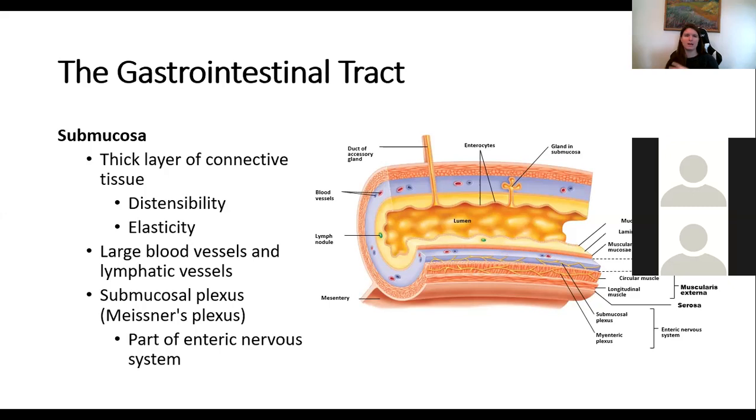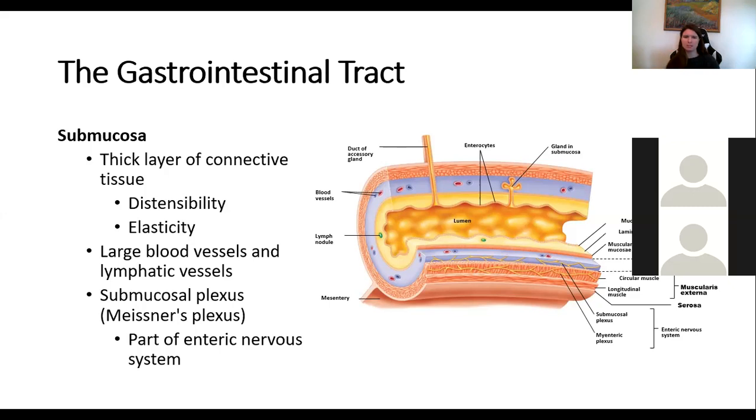And one half of this basic, almost independent nervous system is in the submucosa. So the submucosal plexus is going to communicate with the rest of this nervous system that we call the enteric nervous system. Enteric means kind of like at the level of the organs themselves.